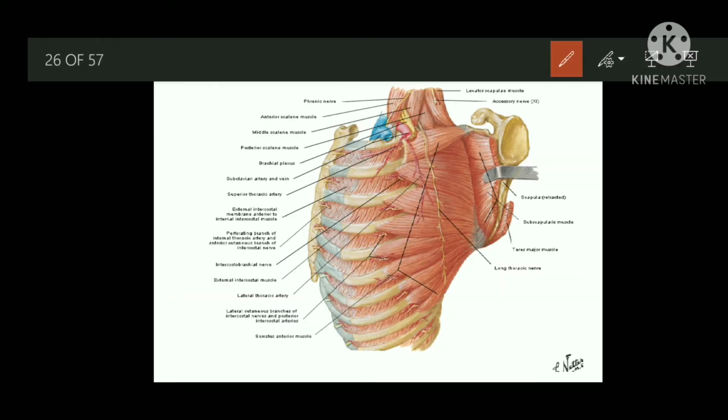So in this picture, this is the first rib and second rib, and this is the intercostal space, which contains muscles and neurovascular structures. Anteriorly there are 9 intercostal spaces, and behind there are 11. These are the 11th and 12th ribs that are confined only to the posterior part.